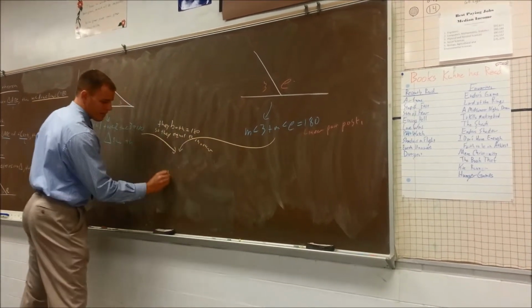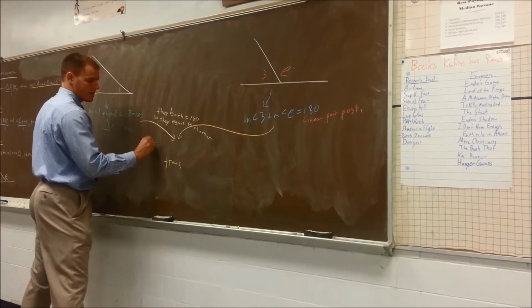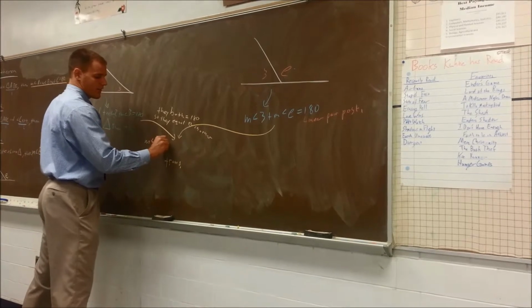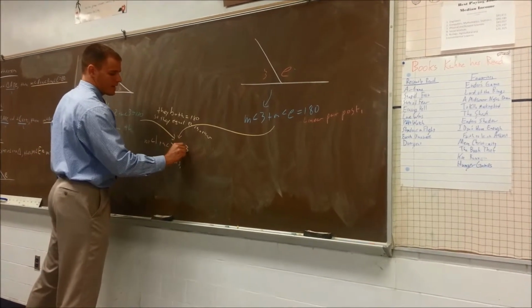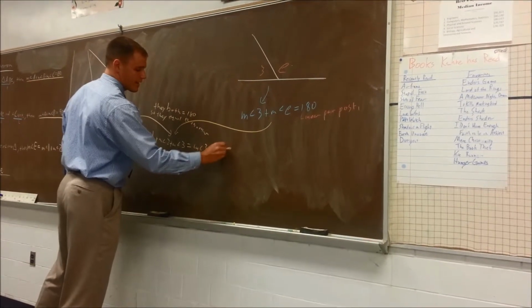That's the transitive property. So we say measure of angle 1 plus the measure of angle 2 plus the measure of angle 3 is equal to measure of angle 3 plus the measure of angle E.